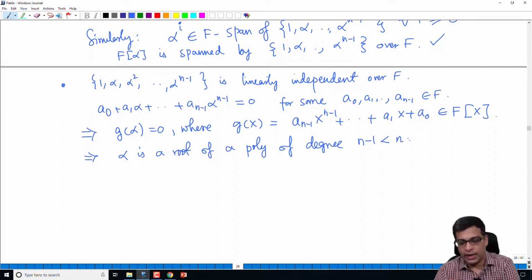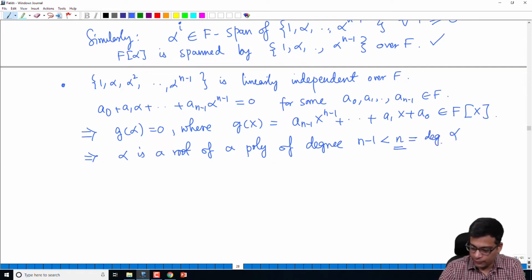Remember, n was the degree of alpha over F. That means n is the degree of the smallest non-zero polynomial. Remember, the irreducible polynomial is supposed to be non-zero. So n is the degree of the smallest non-zero polynomial that has alpha as a root. But here we have produced a polynomial of degree n minus 1, hence smaller than n, yet which has alpha as a root.